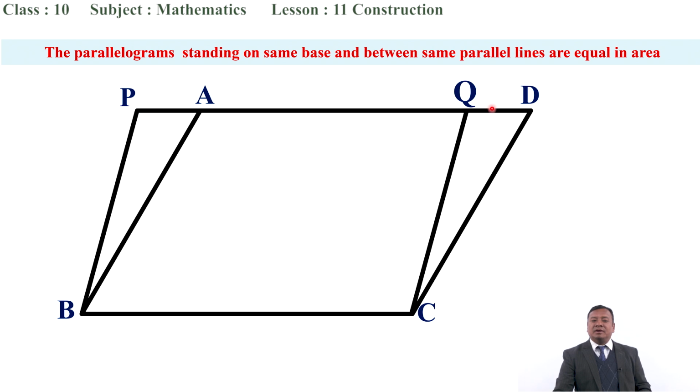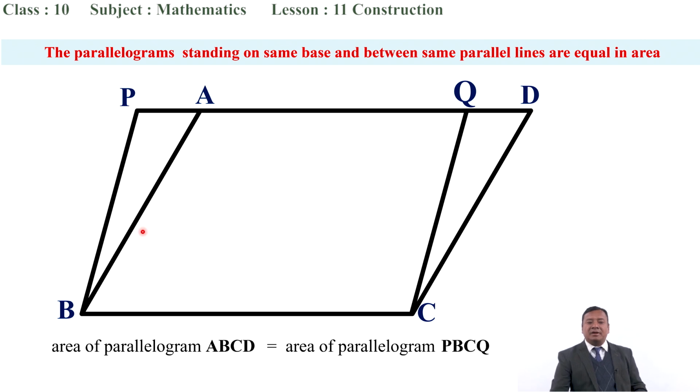And here PD is parallel to BC. Then this parallelogram PBCQ is equal to the parallelogram ABCD, which we have already proved in the previous lesson, right? So here we can say that the area of parallelogram ABCD is equal to the area of parallelogram PBCQ.